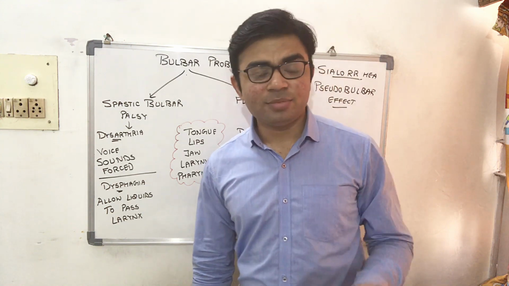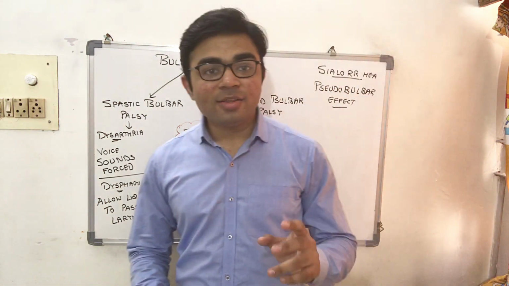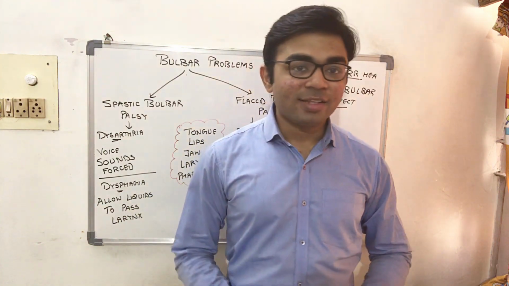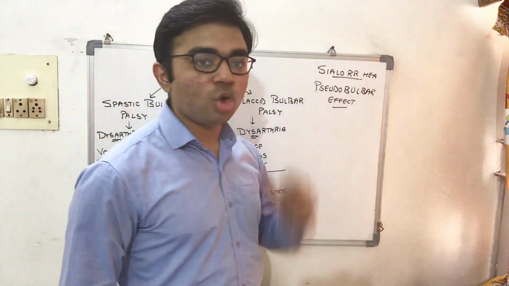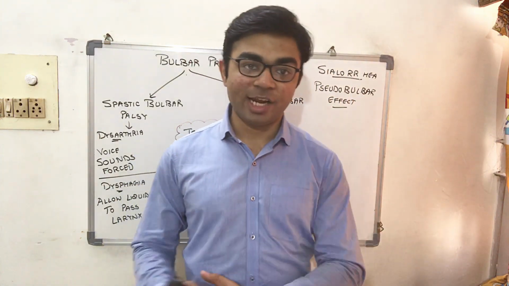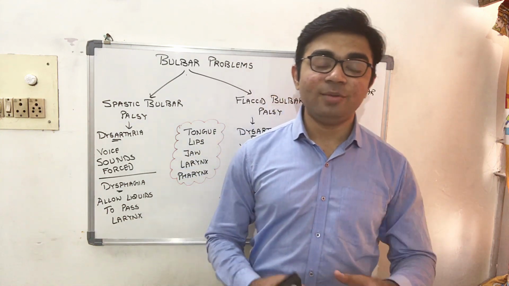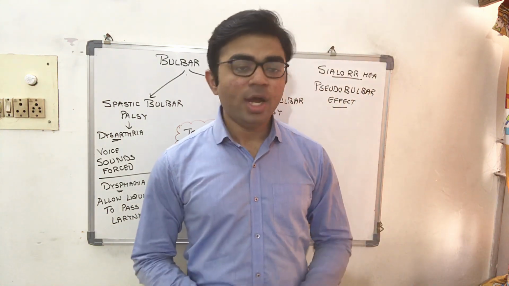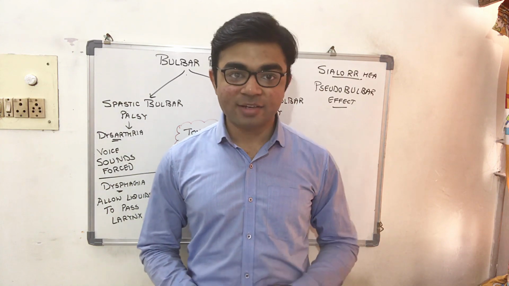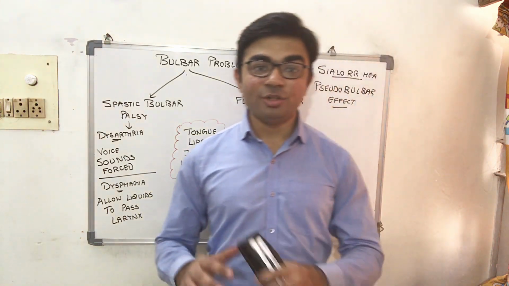Sometimes a nasal tone is also seen. Two other important clinical features are sialorrhea and the pseudobulbar affect. Sialorrhea is the drooling of saliva, and if it starts at night, in the morning we see a wet pillow. The pseudobulbar affect is the pathological emotion control, which is also seen.